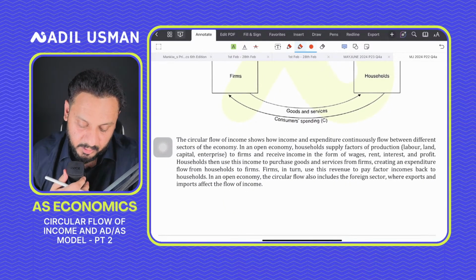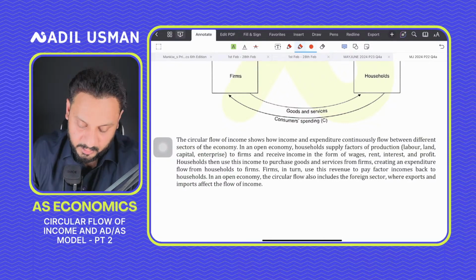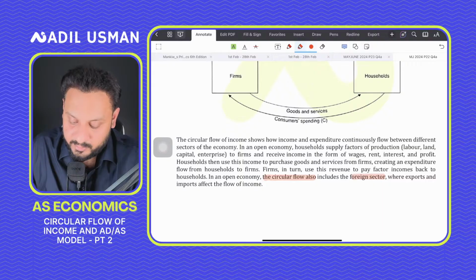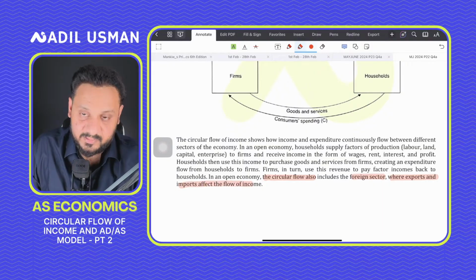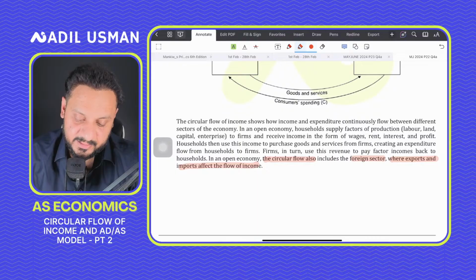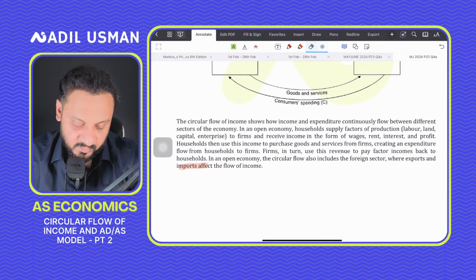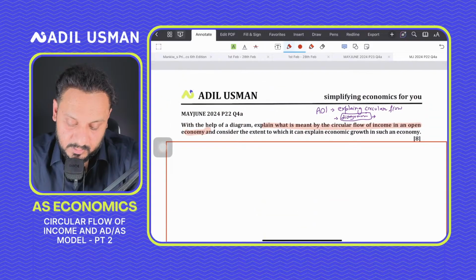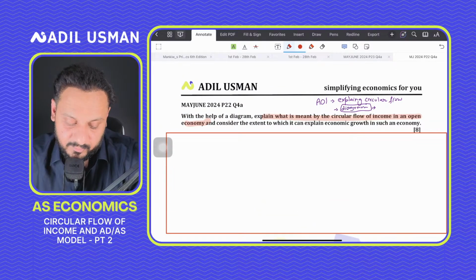Now, in an open economy, so what exactly is an open economy? The circular flow also includes the foreign sector, where exports and imports affect the flow of income, right? So if you want to mention that exports are injections, imports are withdrawals, you can, but even if you do not, that's okay, because the question is simply asking you to explain what is meant by circular flow in an open economy.